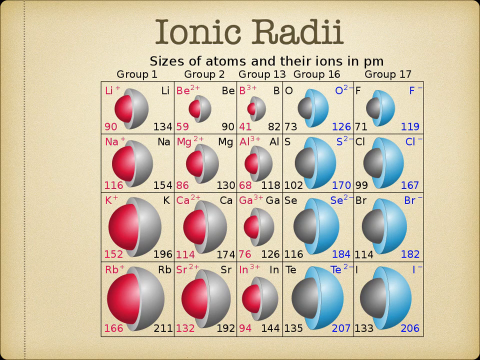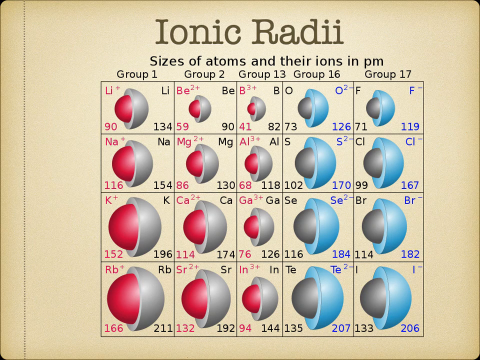So in this table, the gray are the size of the atoms, and then the colors are the size of the ions. So think about what's going on with a cation. Cations are losing electrons to become positive. So you would expect the cations to have a smaller radius than the elements that they come from.